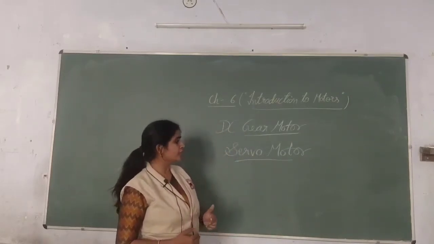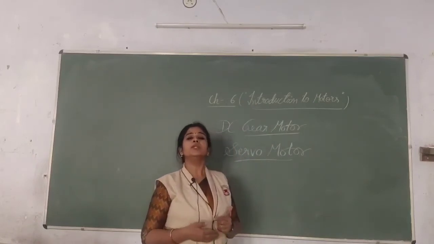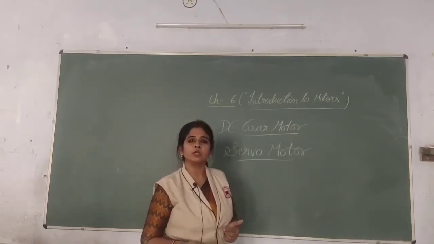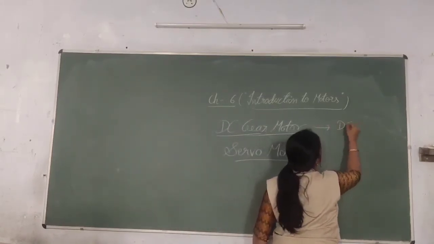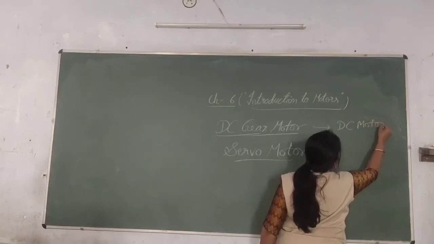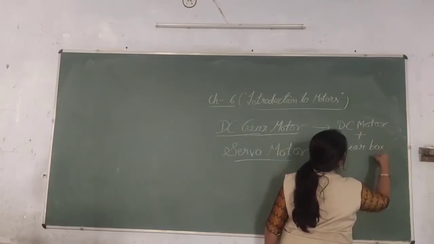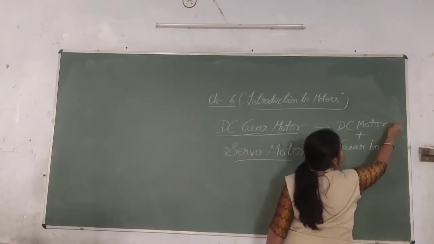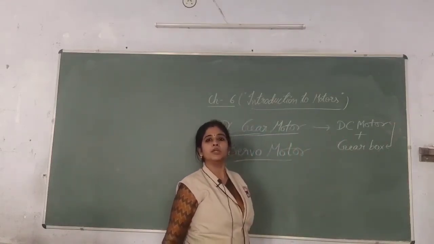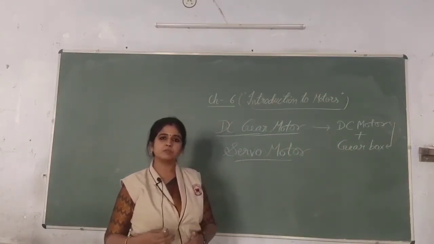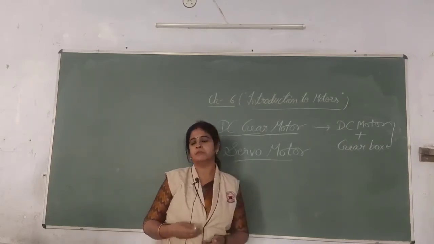And DC gear motor is used, or a gearbox is used with DC motor to reduce the speed of a DC motor. So you can say DC gear motor is the combination of DC motor and a gearbox. When we use gearbox with DC motor, then the speed of motor will reduce and the approximate speed will be less than 10,000 rounds per minute.